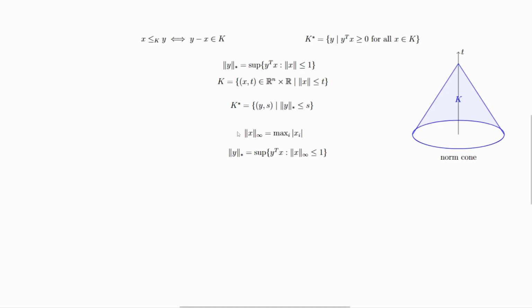So the infinity norm of x is simply just the biggest absolute value of the component. This means that we don't really care about what is happening to the other components. We only care for this constraint that the biggest component is less than or equal to 1. So that means we can choose the value of each component of x independently of one another, as long as the biggest one is less than or equal to 1.